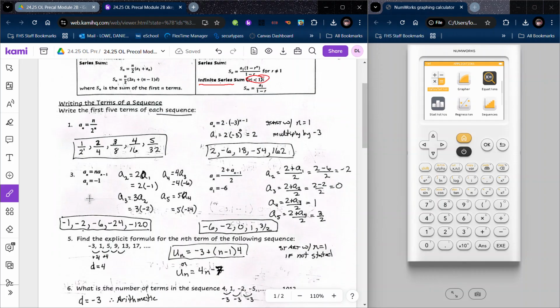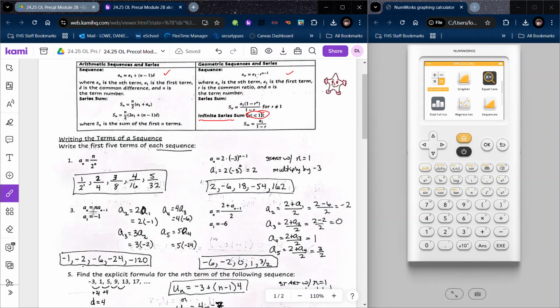For number 3, I have a recursion formula, where a given term is going to be n times the previous term, with the first term being negative 1. So if I want my second term, that's going to be 2 times my first term, or 2 times negative 1.